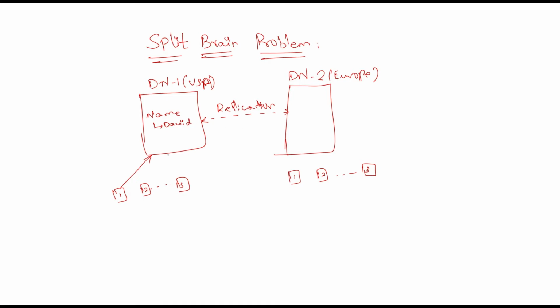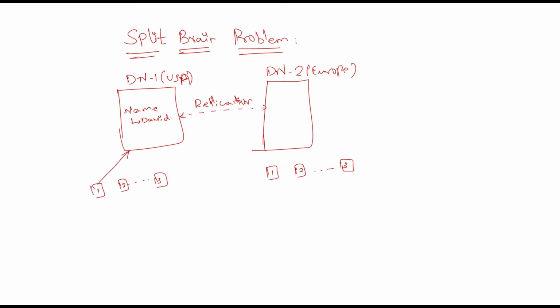After he creates the record, the replication process replicates the new data to the other data node. So we will have the same data on data node 2 also, and users from the Europe region can have the same data.